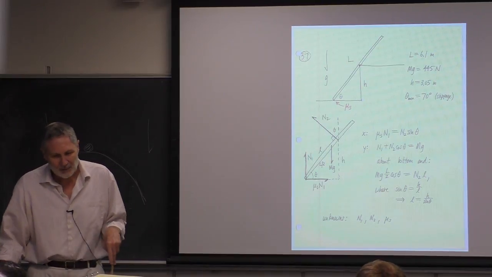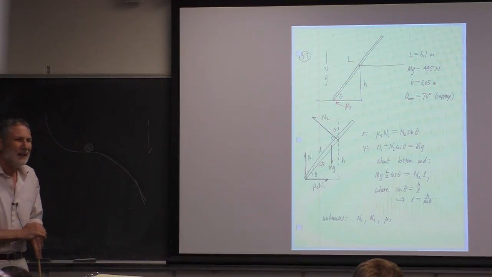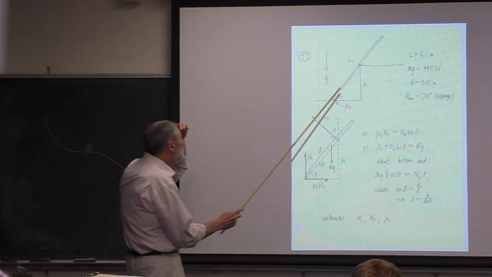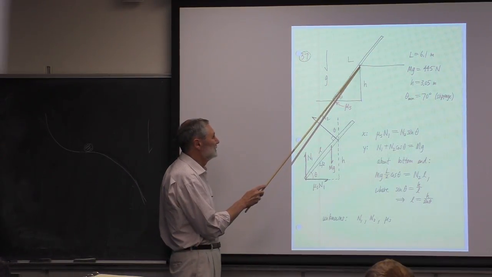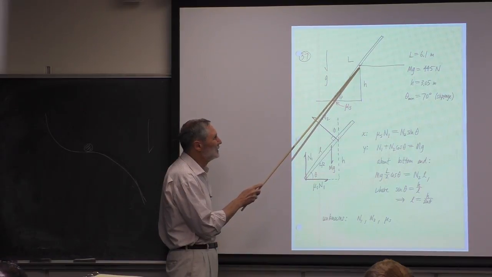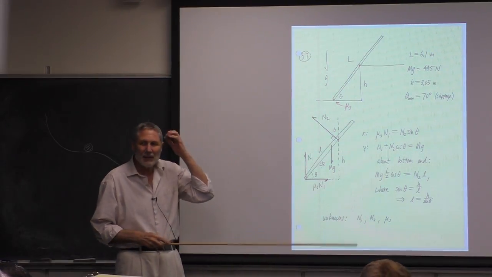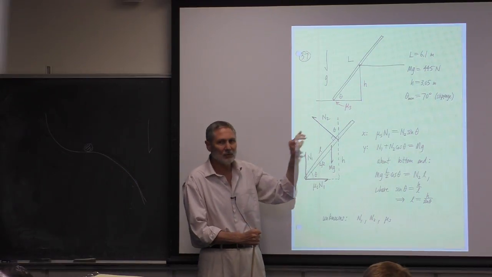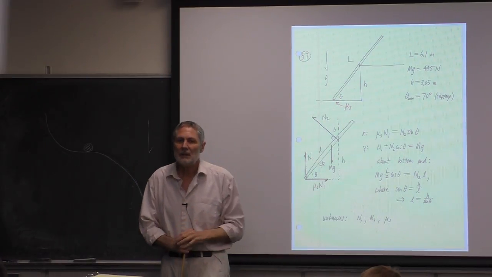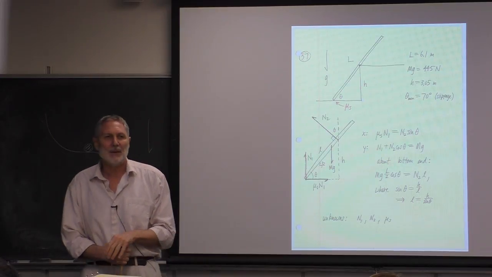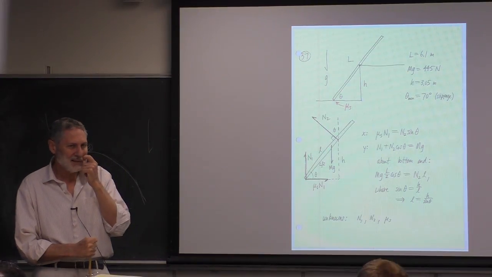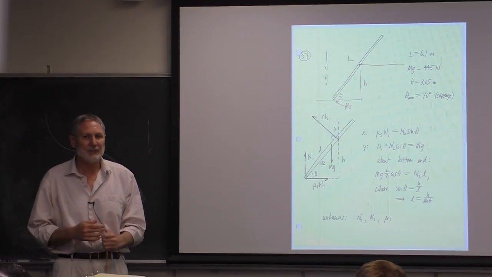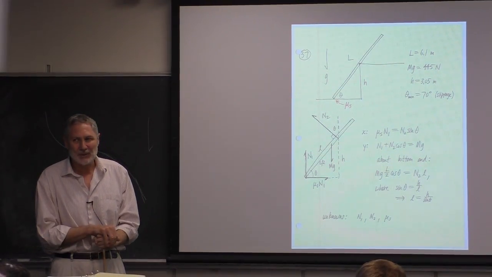Okay, so this is like a ladder problem, where we have a frictionless situation here. What the authors did was they want you to imagine there's a little rolling wheel there. Now that I think about it, I think the reason they did that is that if you just had an edge there and you said assume no friction, that's really not practical.